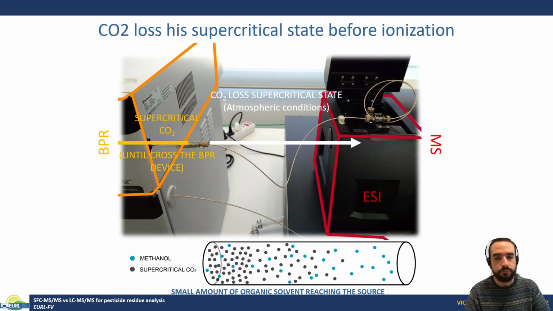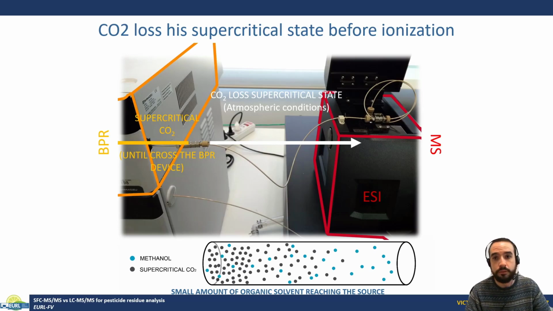In addition, it's important to understand that there are some differences in the ionization at the ESI source. Most of the mobile phase in supercritical fluid chromatography is carbon dioxide, but this loses its supercritical state before reaching the ion source.